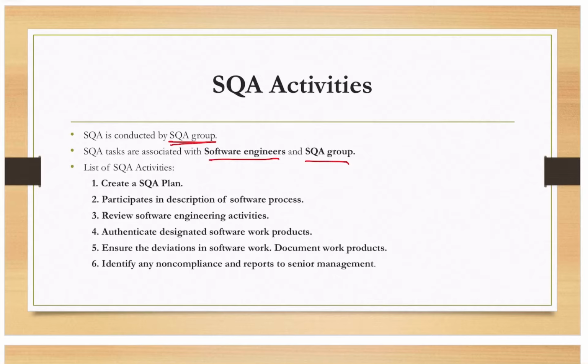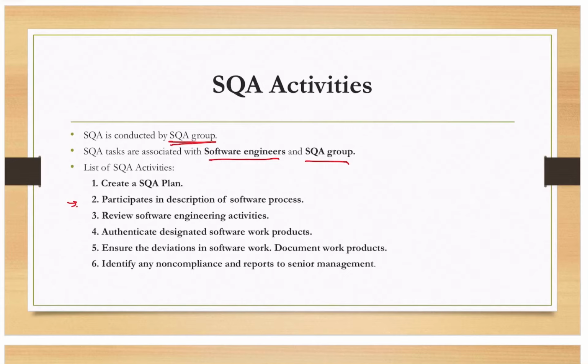All these activities are done in creating an SQA plan. The second one is participating in the description of the software process, in which internal software standards or standards adopted by the organization are used.